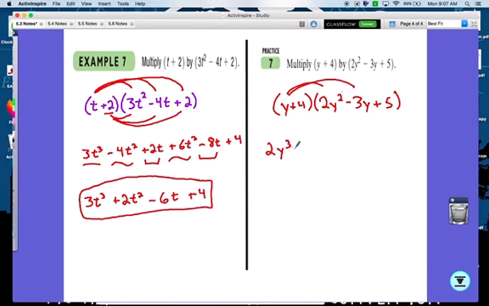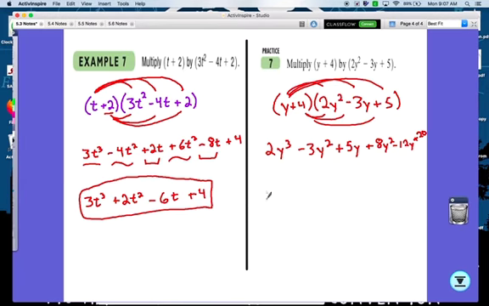Y times minus 3y will give me minus 3y squared. Y times 5 will give me 5y. 4 times 2y squared will give me 8y squared. 4 times minus 3y will give me minus 12y. And 4 times 5 will give me plus 20.